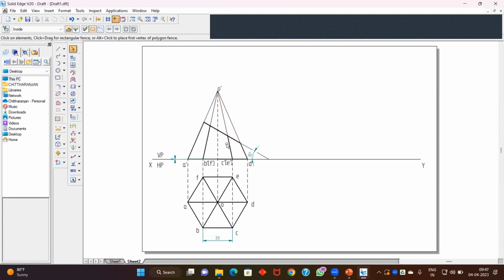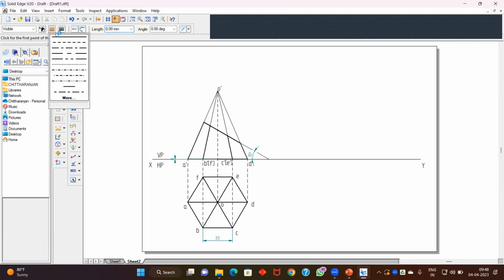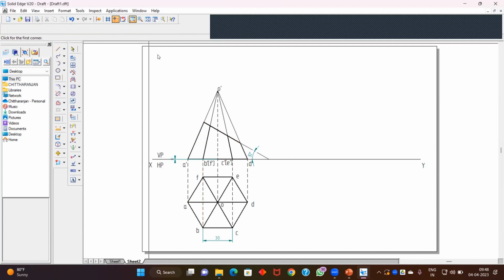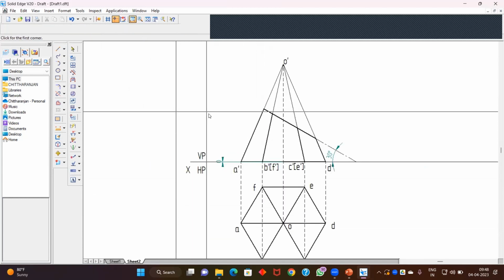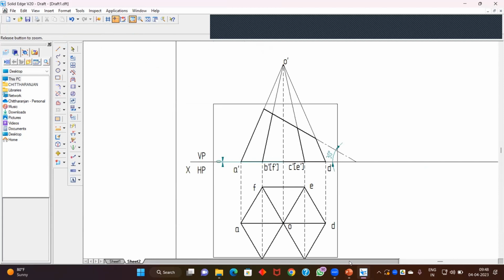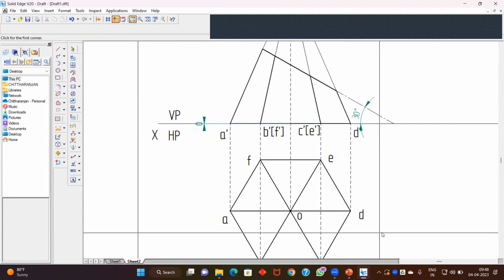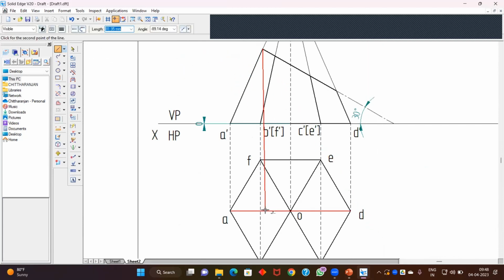Now plot this region here. So draw the axis with a non-continuous line, thickness 0.25. It should be a straight line.